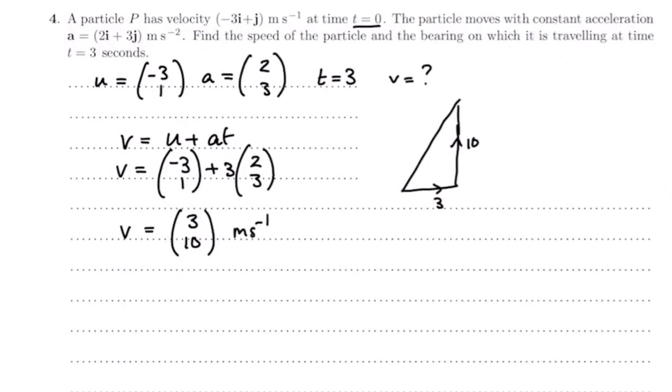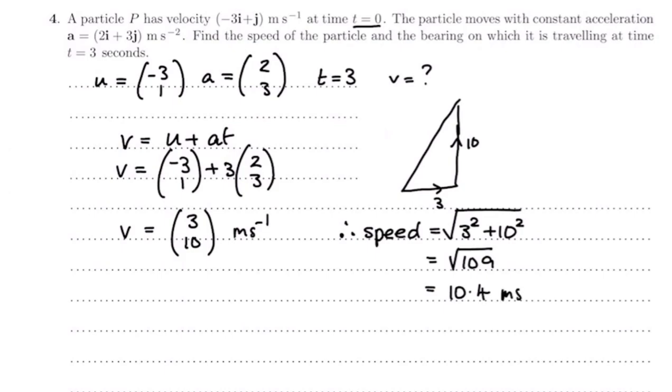The speed, and we use good old Pythagoras, is the square root of 3 squared plus 10 squared, which of course is root 109, which is 10.4 meters per second. So that's the speed it's going at when t equals 3.